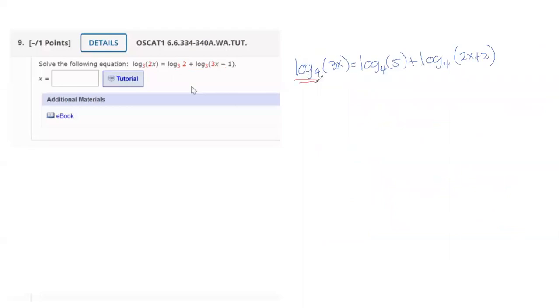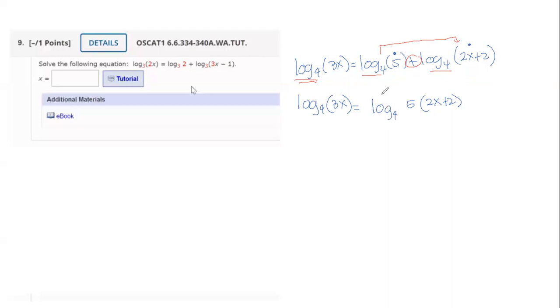You only have one log here, that's great, but here you have 2, so you need to combine them. There's a plus in between, so when you combine them, that must be a multiplication. So you have log 4 3x equals, copy log 4, and this is the plus, so you're multiplying: 5 times (2x plus 2). Now, I guess you can keep it that way.